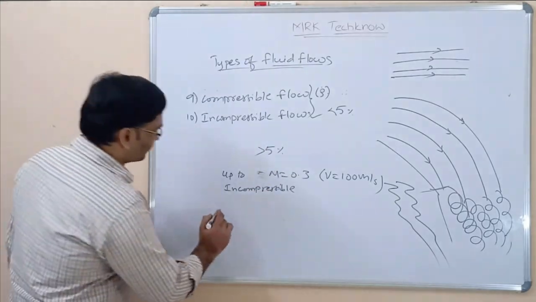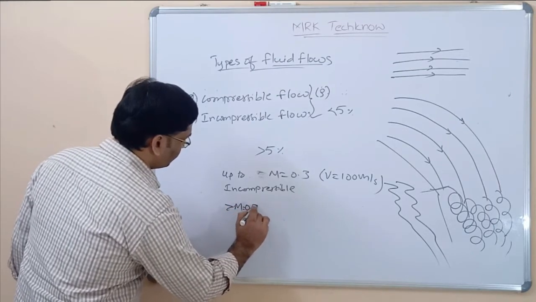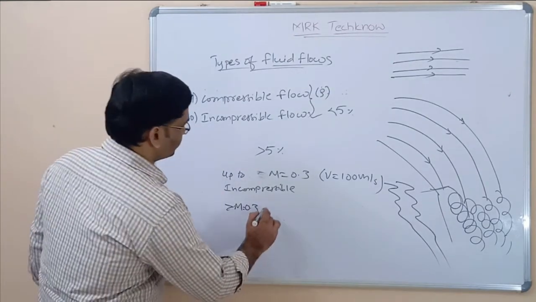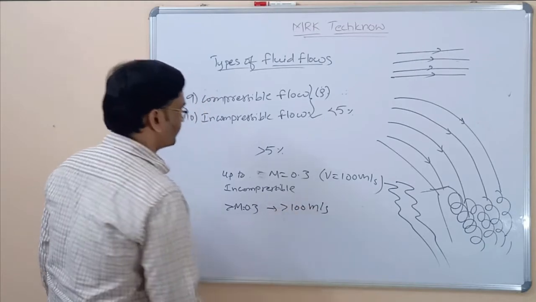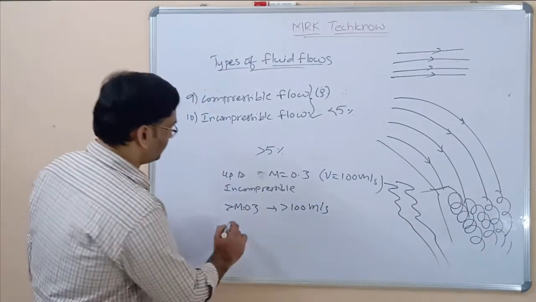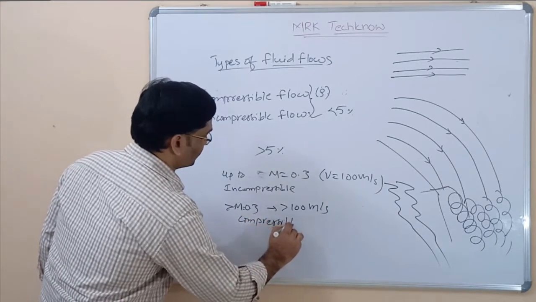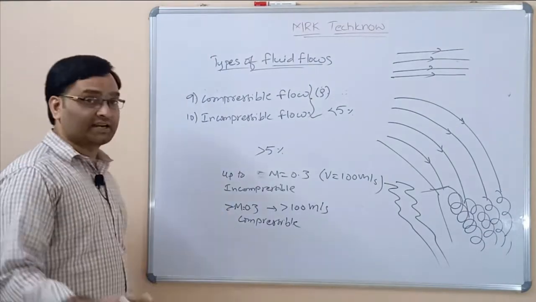And if your Mach number for the airflow is greater than 0.3, M greater than 0.3, then definitely your velocity will also be greater than 100 meter per second, and for such velocities you have to call it compressible flow. So this is the incompressible and this is the compressible category. Remember, this is applicable only for airflows, generally atmospheric airflows.